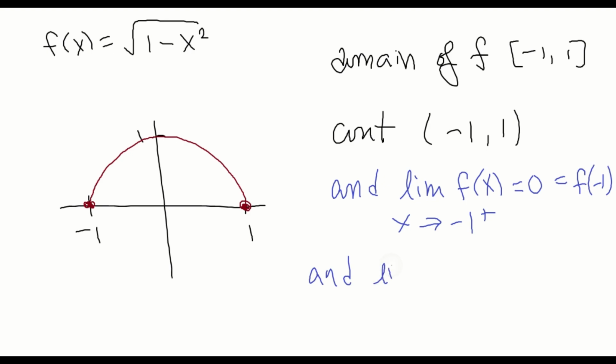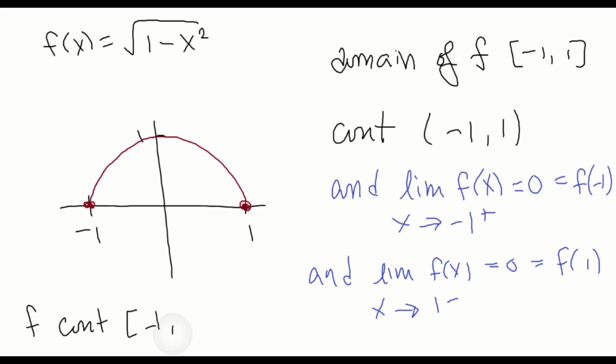And the limit at the right endpoint, as x approaches 1 from the left, also exists and has the same value as f of 1. Therefore, by our definition, we can conclude that f is continuous on the closed interval [-1, 1].